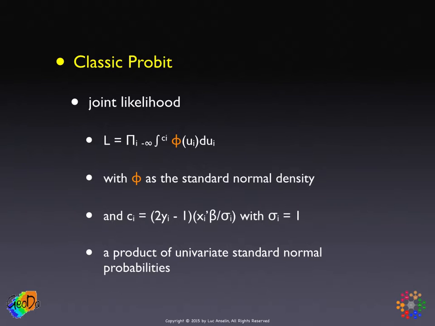In the classic probit model, the observations are independent, so the likelihood is made up as a product of probabilities, the product of the probability that u sub i is less than the appropriate bound, which is a function of x and beta.